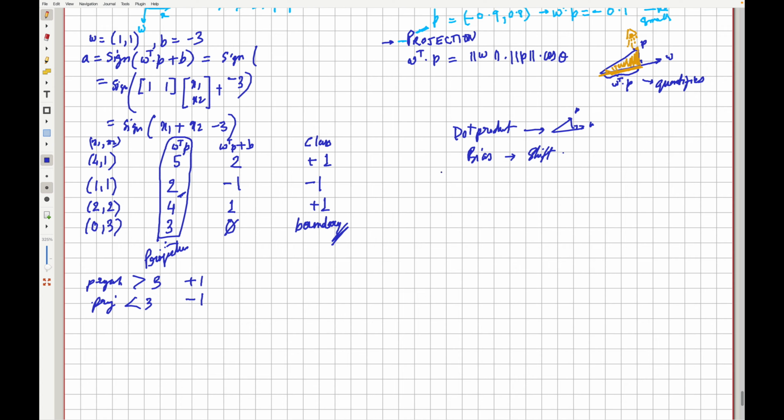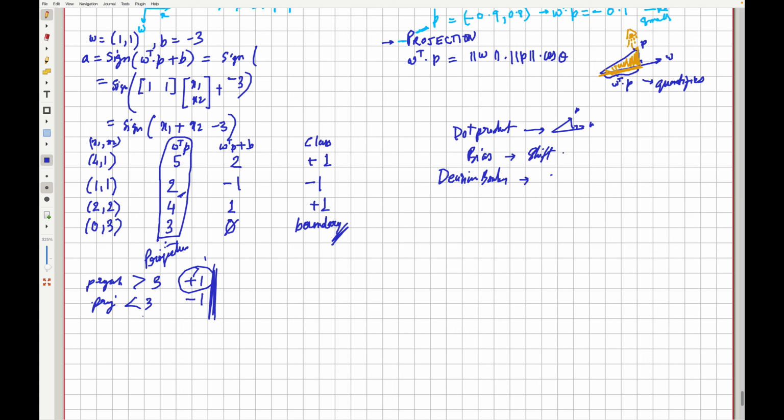And the decision boundary, which we have discussed extensively in one of the previous videos, is all points with the same projection equal to minus b, so a line or plane that's perpendicular to W. As we saw here, if the projection is greater than 3, then all of them are in the positive class.